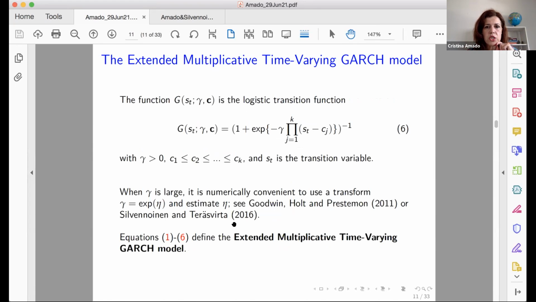So the logistic transition function is a function of a few parameters, such as gamma, as I mentioned before, and the location parameters. This is the most general function, bounded between 0 and 1, and it is a continuous function. Then we have some identification restrictions that we have to impose. This is the general logistic transition function, where this k will give us some flexibility with respect to the shape of the transition function.